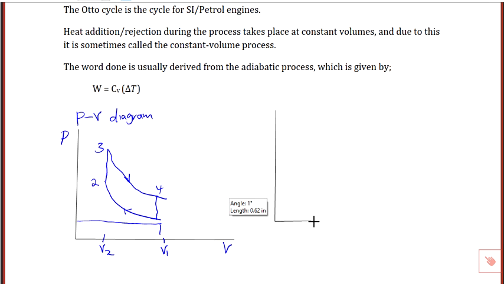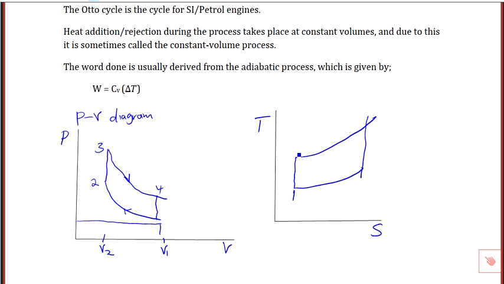The temperature entropy is this one here, so this one is our T, and this one is our S, and again the processes 1 to 2 and 3 to 4, I'm going to show you using an arrow.